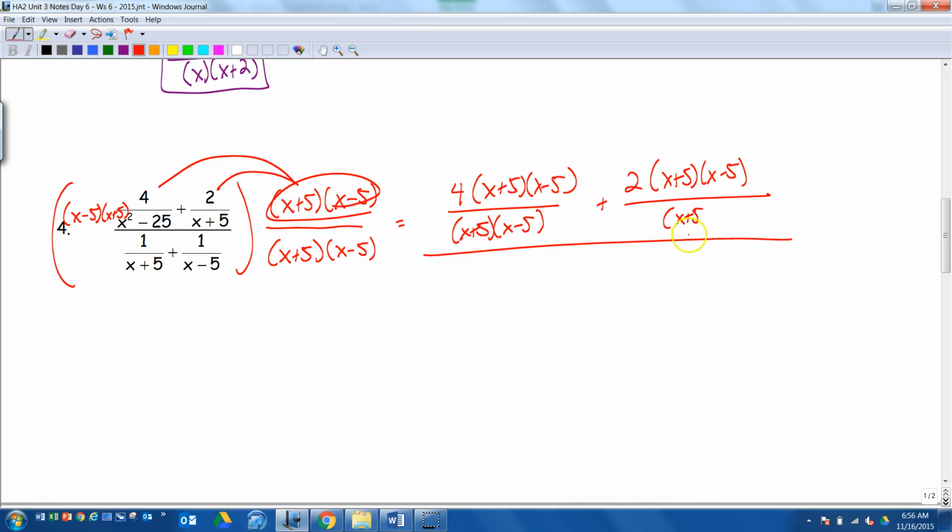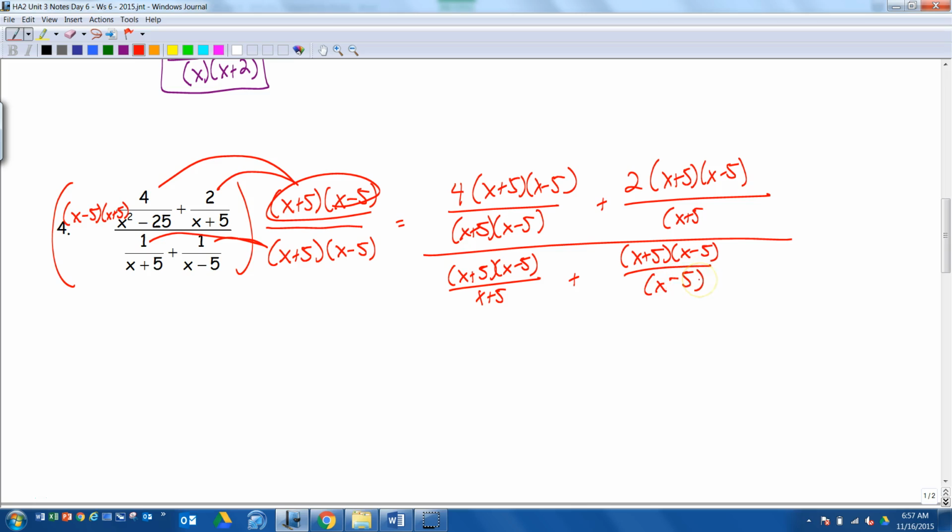And that's all over. These 1s are getting multiplied by this, so we have an x plus 5, x minus 5, all over x plus 5, plus, same thing, except it's over an x minus 5.